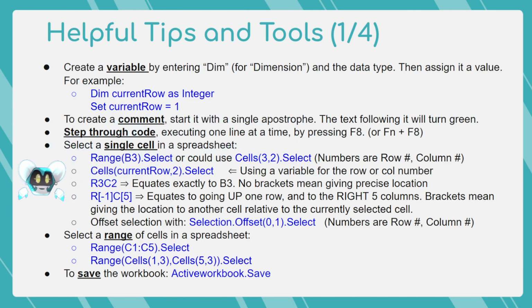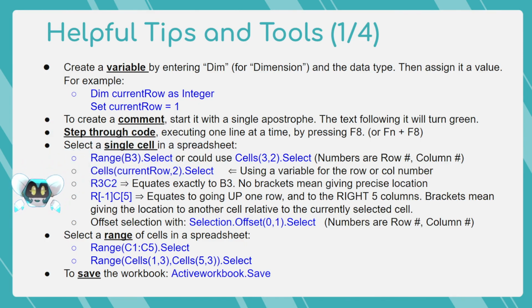You can put variables in the places of those locations as well. So we can say Cells current row, such as how we define it up here, comma 2. You can flip it, you can use the variable in the column as well, that's fine.